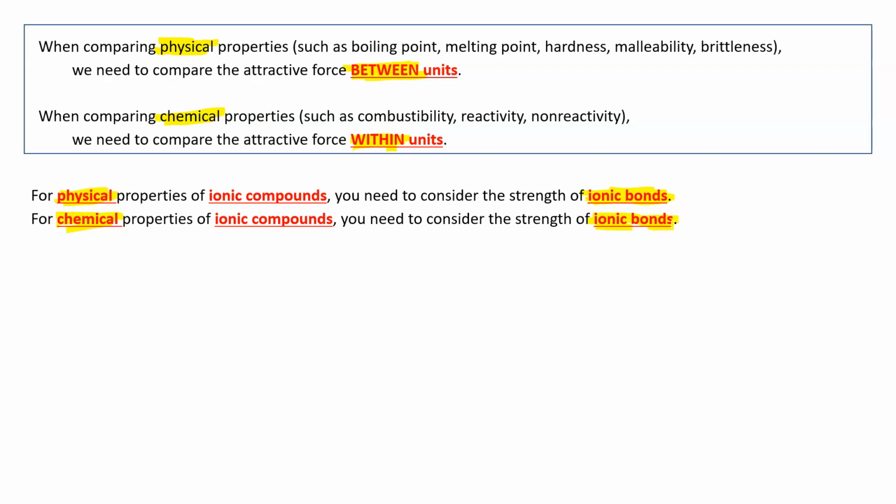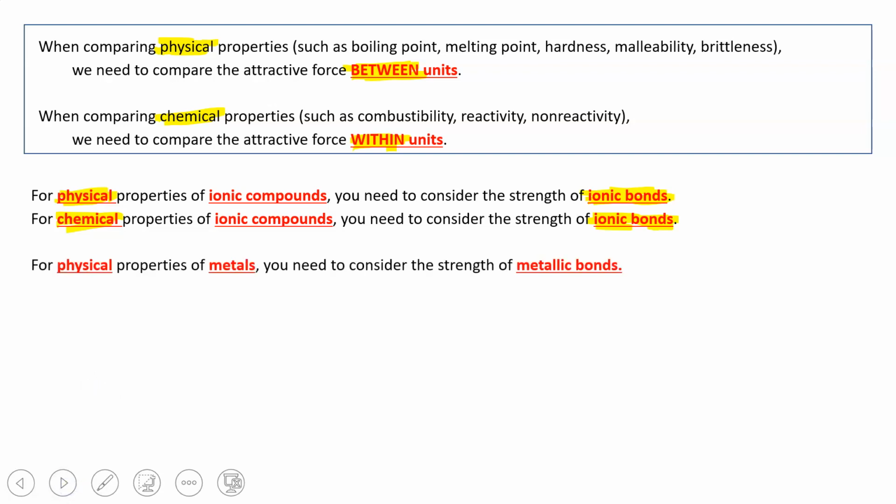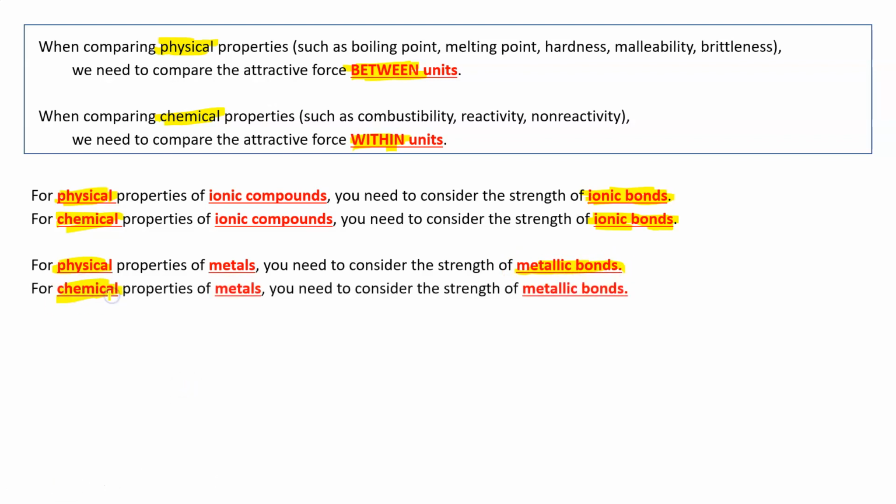It's the same thing whether we're trying to melt it or do a chemical reaction. For physical properties of metals, you need to consider the strength of the metallic bonds. For chemical properties of metals, consider the strength of the metallic bonds.